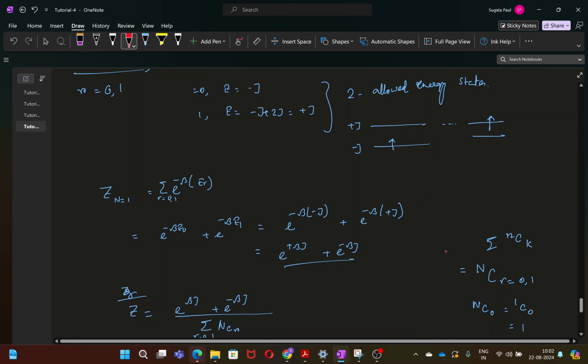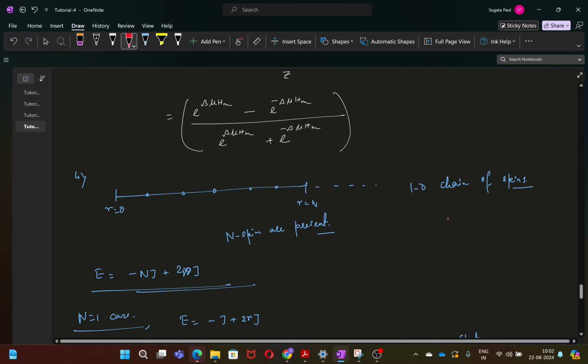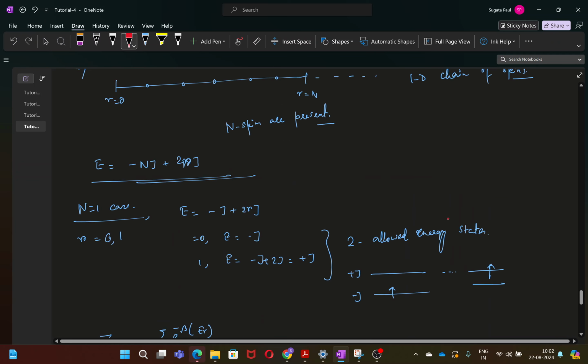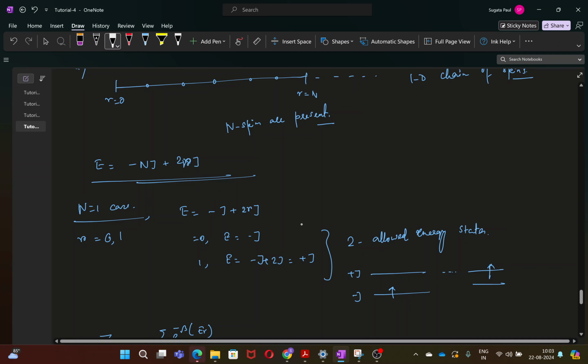Okay, so let's start this problem over. I think there is some confusion. For n equal to 1 spin, n equal to the number of spins, we have chosen R equal to 0 and 1, because that is the rule that R has to be 0 to n. Accordingly, we had also calculated the energy values corresponding to R equal to 1 and R equal to 0.